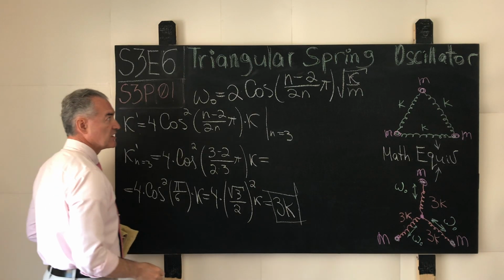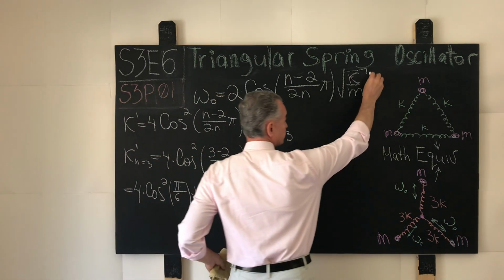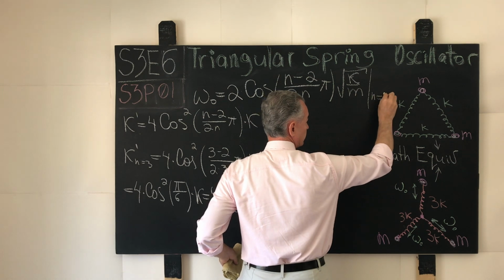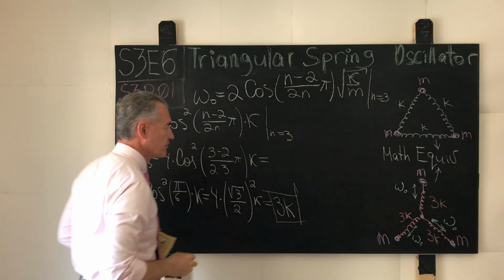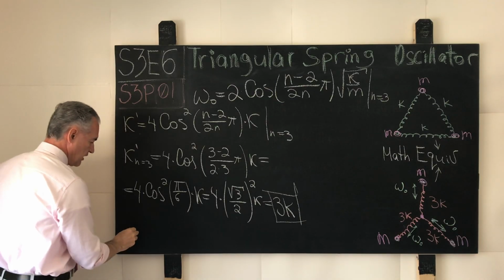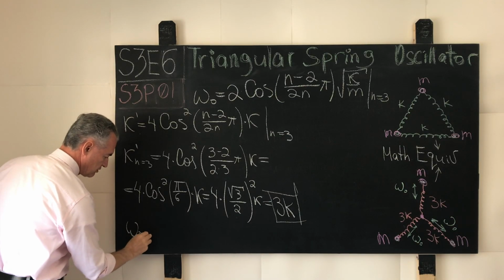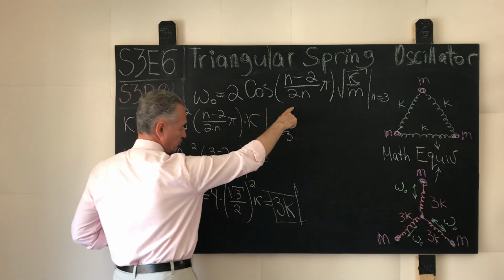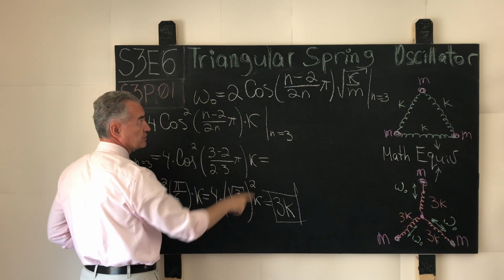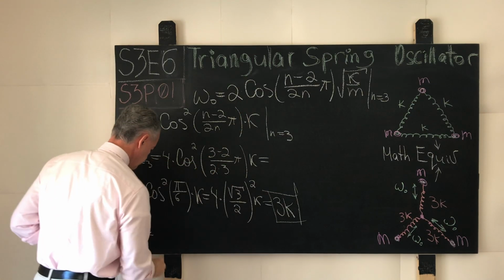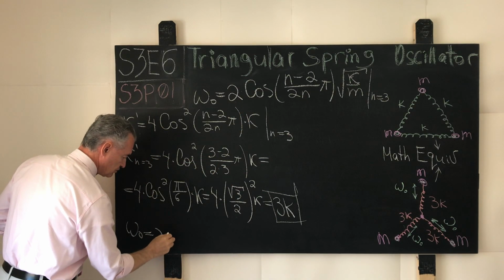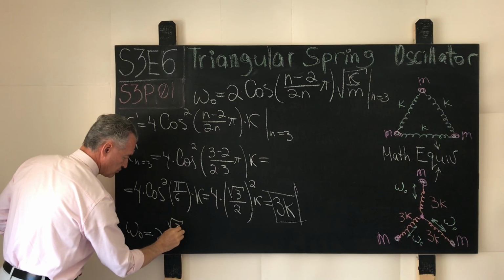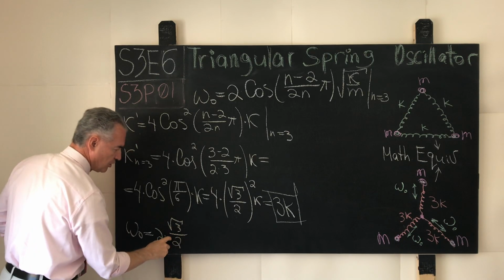And if we conduct the same experiment with the cyclic frequency and evaluate it at n equal to 3, what will we have? We will have omega 0 equal to 2 times, we already know what the deal is, 2 times square root of 3 over 2. What is this?